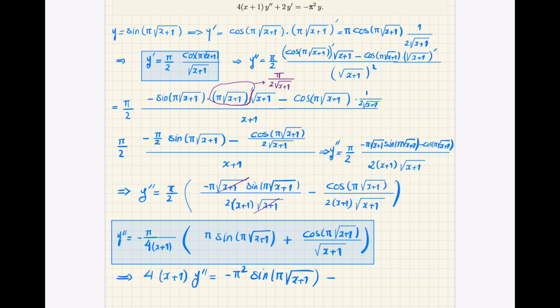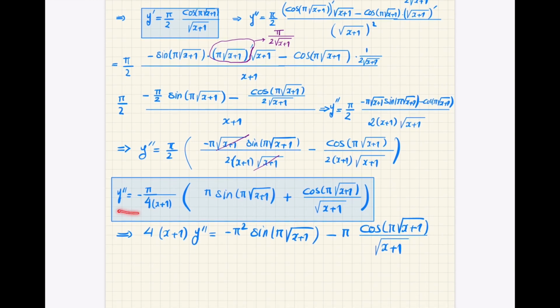And then I have another minus pi, so it will be multiplied here. So what I did here, I calculated y double prime, and then I multiplied both sides by this expression. The left hand side becomes exactly this. The right hand side, this one will be cancelled. Minus pi will be left, and minus pi I will multiply here. It becomes minus pi squared, and I will also multiply it there.